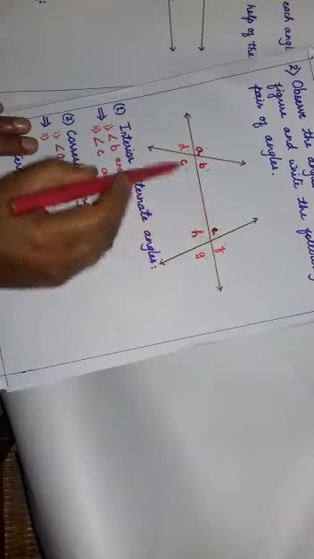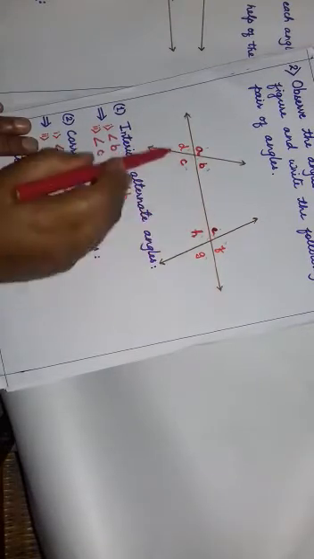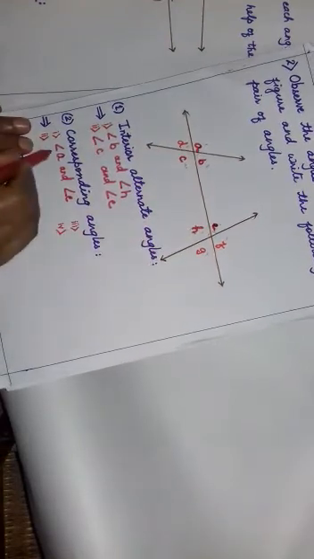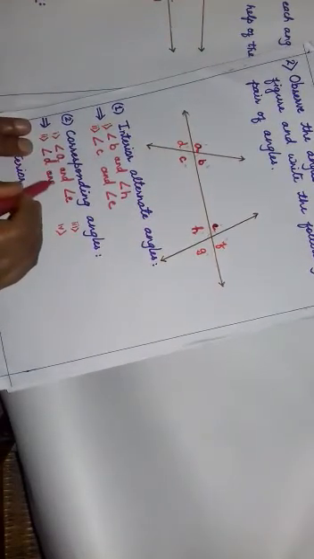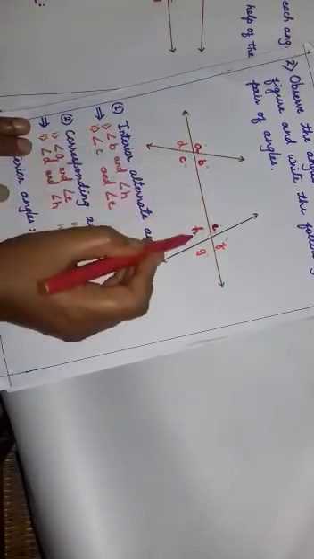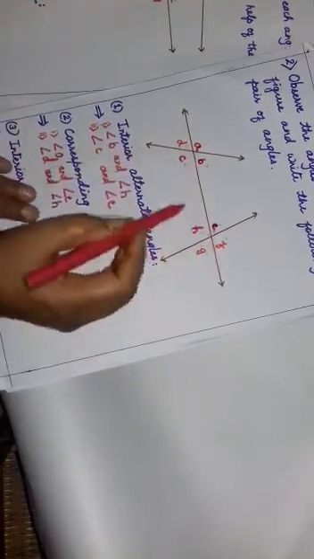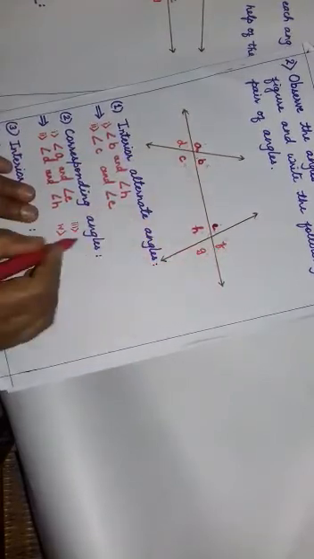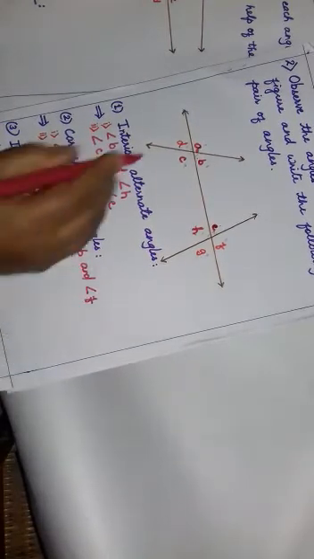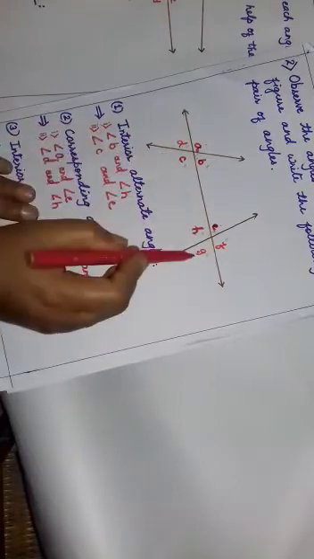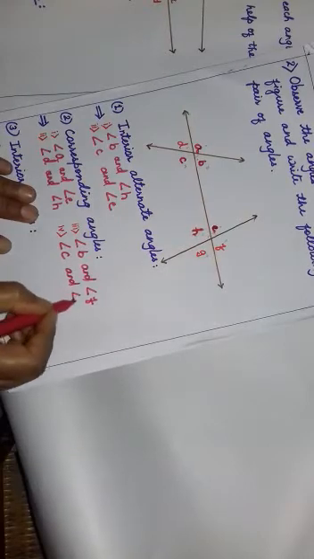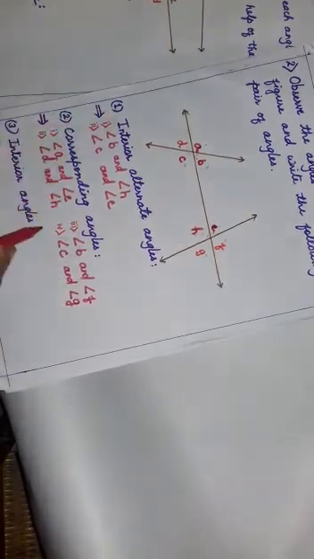Second pair, see here, beside these 2 lines the upper angles, angle D and angle H. See, upper angles from this side, D and H. Now below angles we will take angle B and angle F. Here also below angles, angle C and angle G. Understood corresponding pairs?